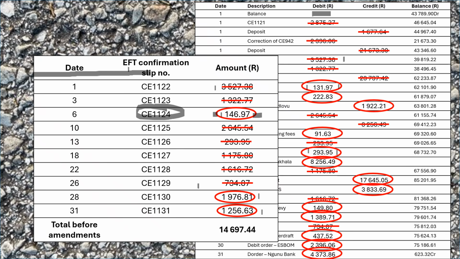We need to investigate all these circles to find out if the bank has made a mistake, or if we have made a mistake, or maybe we don't know of certain transactions that have taken place that the bank does know of, like a direct deposit or a debit order. Then also items like this, we have made a payment and the bank hasn't had a chance to process it before they sent us the statement.